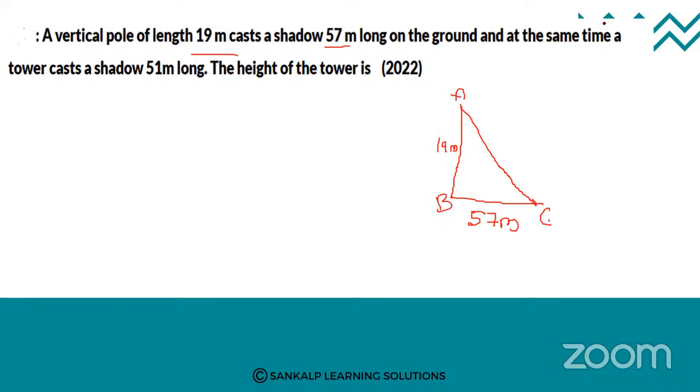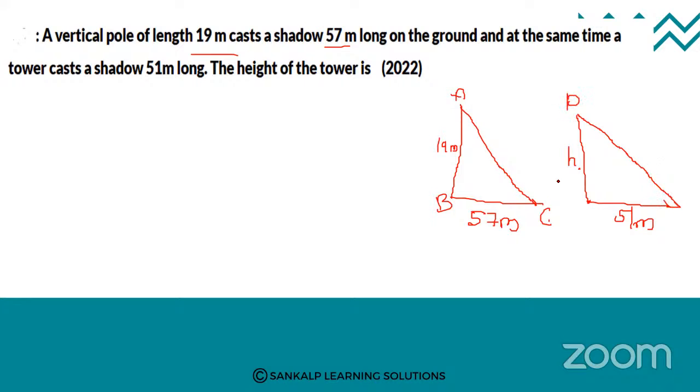On the ground, at the same time, a tower casts a shadow of 51 meters. See, it is a tower. It casts a shadow of 51 meter, right? So we don't know the height of the tower. So we need to find out the height of the tower, that we call H. Okay. So if I join this line, it becomes a triangle.